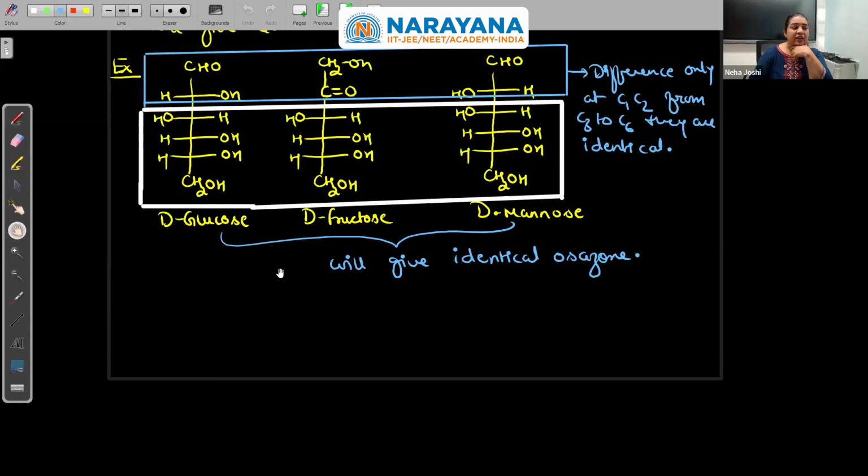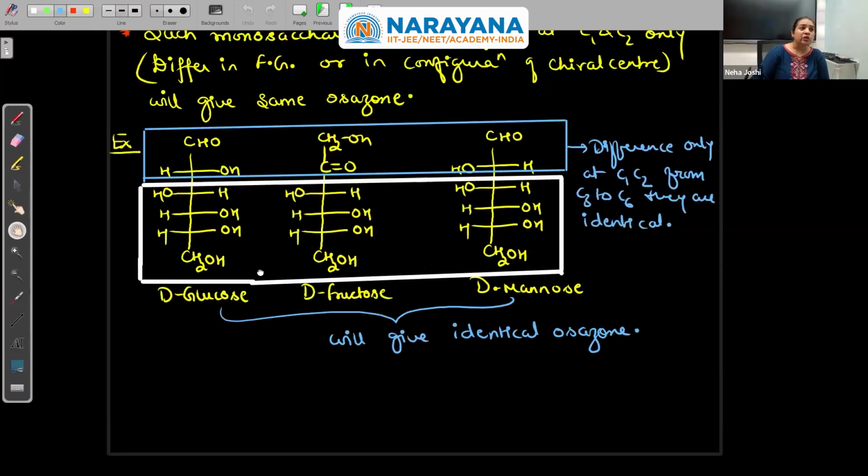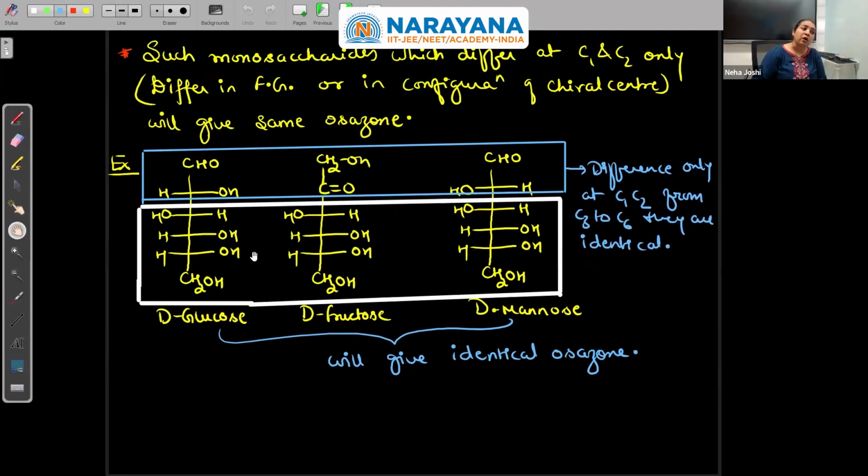Okay. If they are identical, they will have the same melting point, boiling point, and all those properties. So you may be asked which of the following will give osazone which have identical melting point, identical boiling point, indirectly, same osazone ki jagah. The question can be reframed in terms of their properties also.